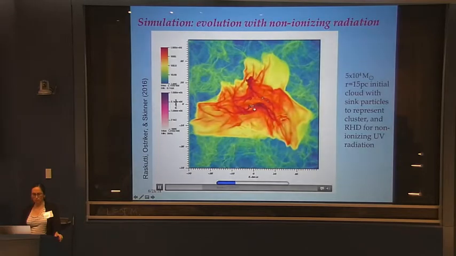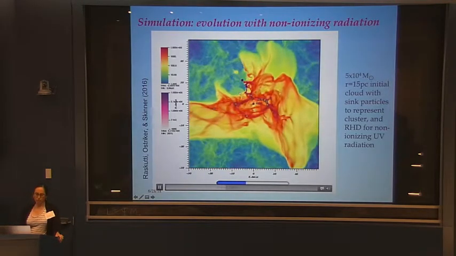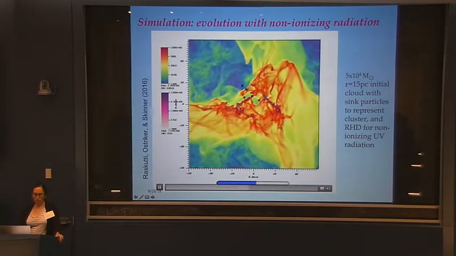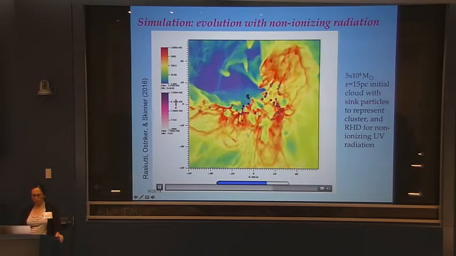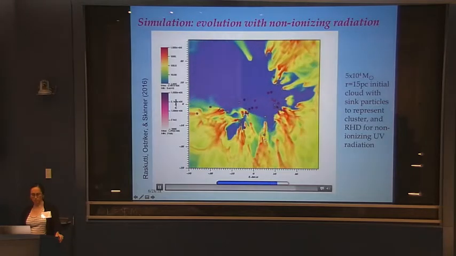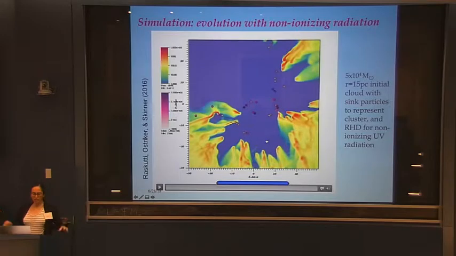These are sink particles that represent clusters that are forming, or subclusters, and you can see that the gas is now being pushed away by the radiation force. The low-density gas is expelled faster and sooner, and over time, you can see that the higher density gas starts to be expelled away as well. So you can see that it takes time.